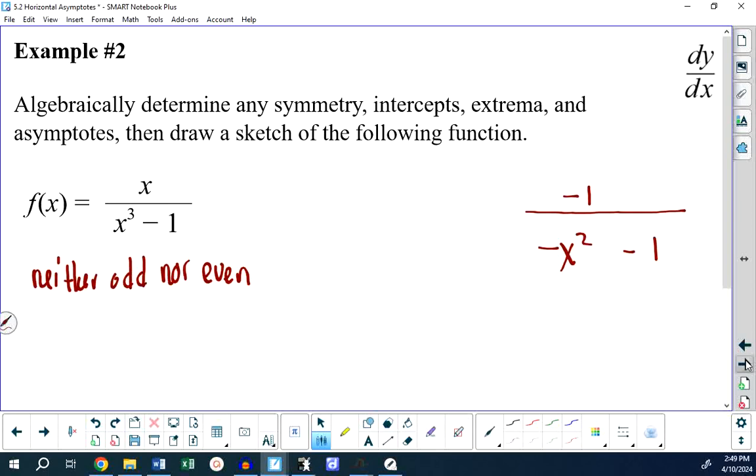If you put in negative x, you would get negative 1 over negative of x cubed minus 1. And that is neither the same as the original function, nor is it negative. Okay? So it has no symmetry.